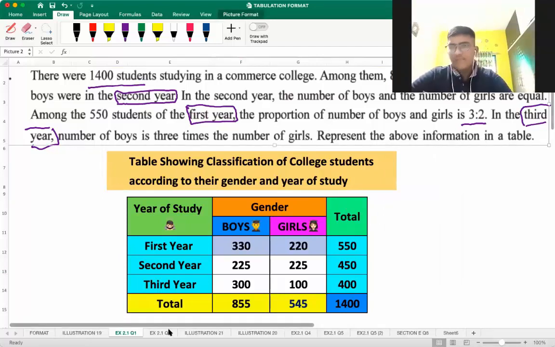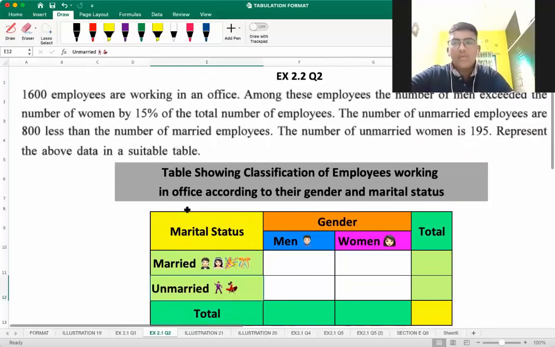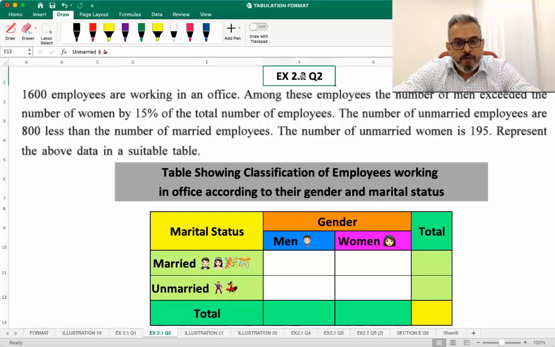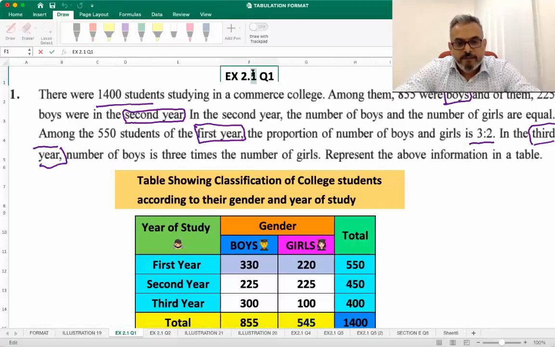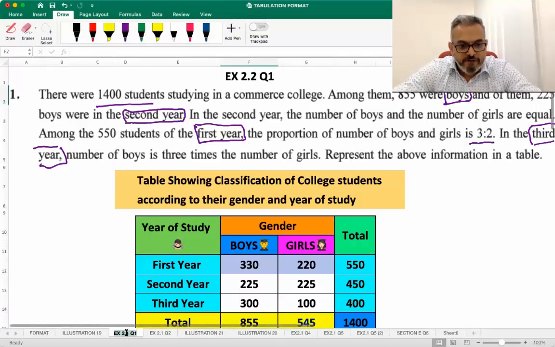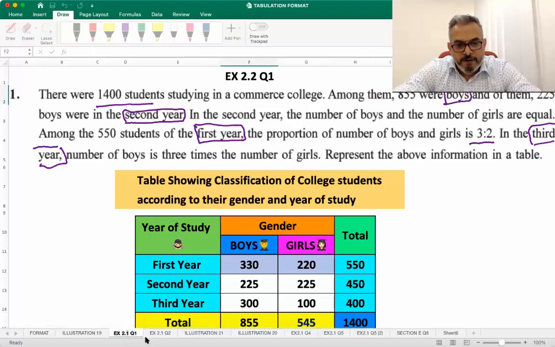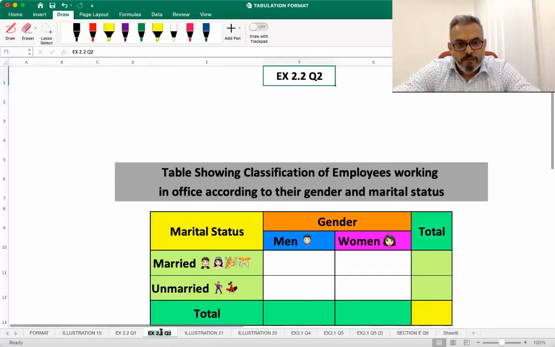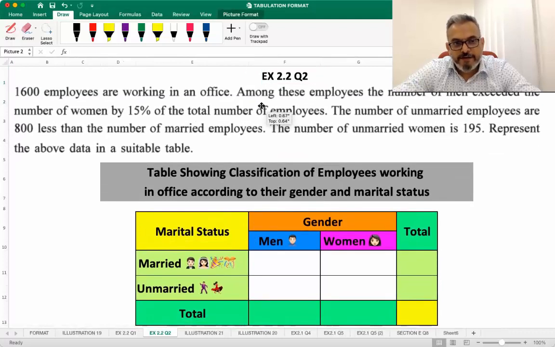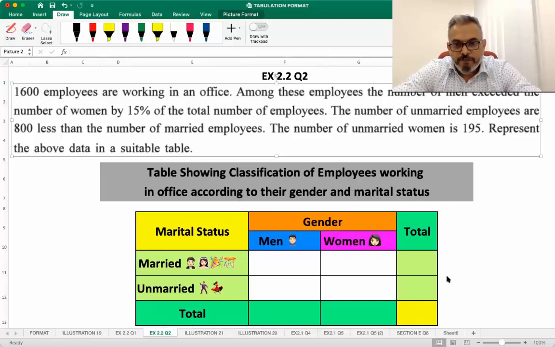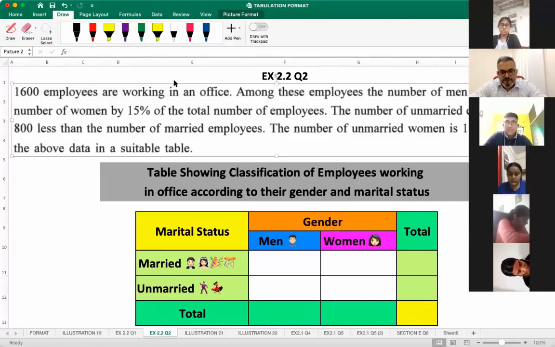Now exercise 2.2, question number 2. Very interesting sum. Before I proceed, is the previous sum done for everyone? Any doubts? No, sir. If you have any doubt, ask me so that I'll help you out.